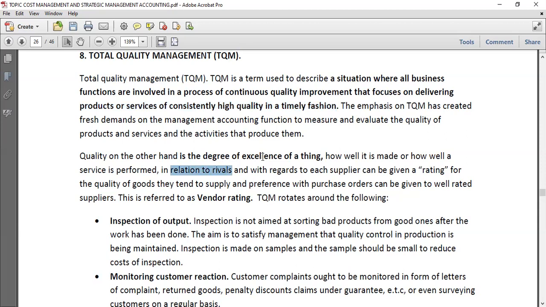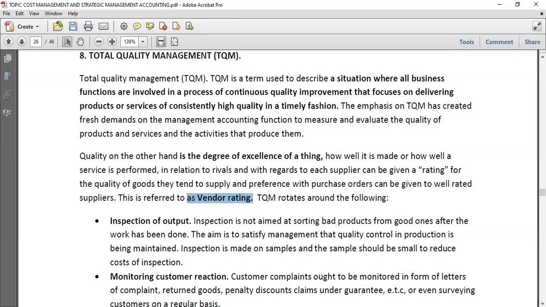Quality could also be in relation to the rival, or it can also be with regard to each supplier. Okay, and here when we are regarding it to each supplier, there's what we call the vendor rating. The vendor rating. Remember, the quality of the product is so much determined by what? By the quality of the raw material, okay? And that is why the vendor rating also comes in here, because at the end of the day, we want to make sure that even when we are sourcing for our raw materials, they meet the required quality, okay? They basically meet the required quality.